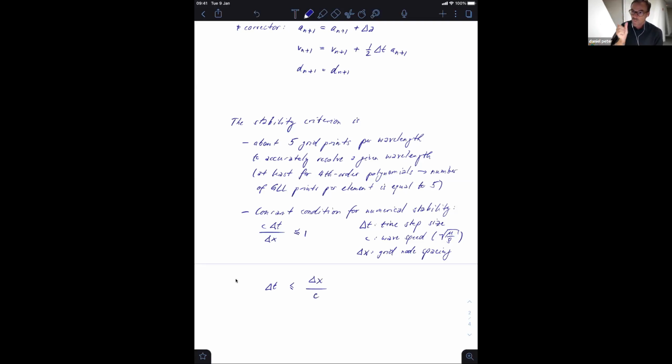So if we take the minimum spacing and the maximum wave speed, that gives us the most strict condition for the time step size. So that's what we usually take then. So here we would take delta x minimum and c maximum to estimate the time step size.